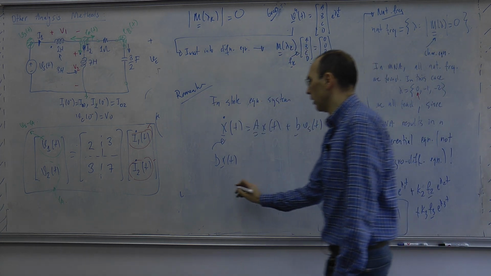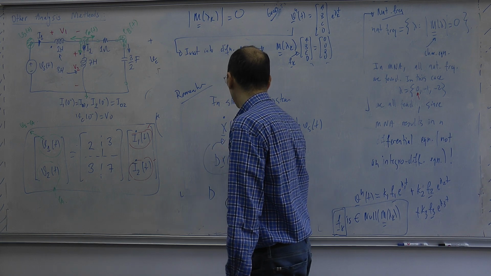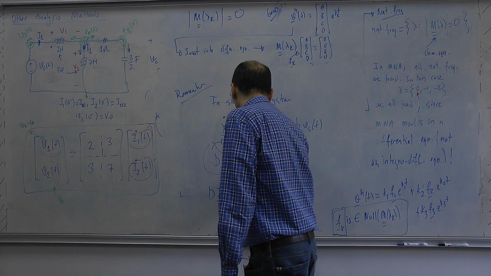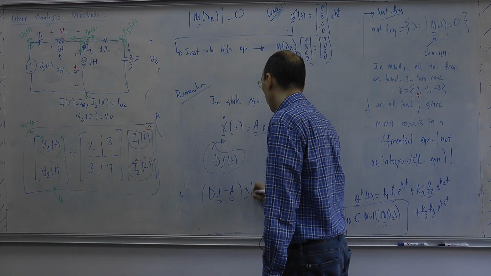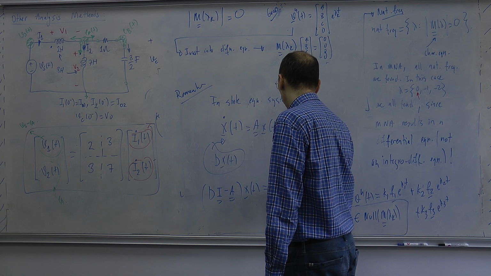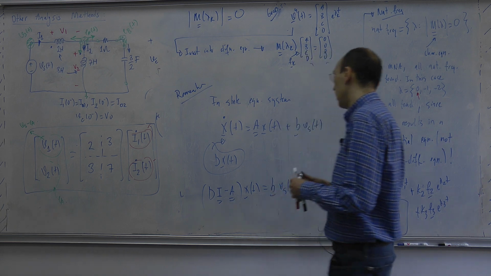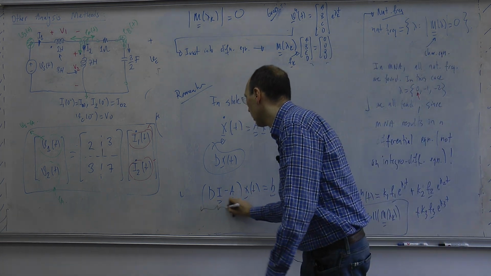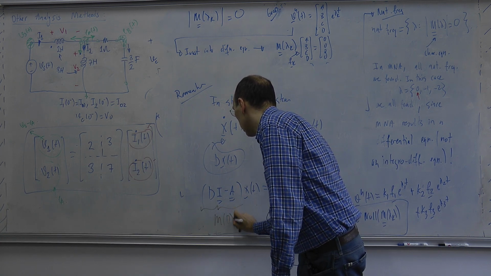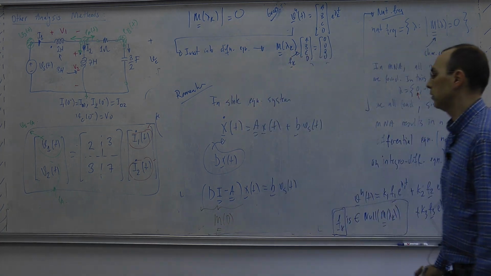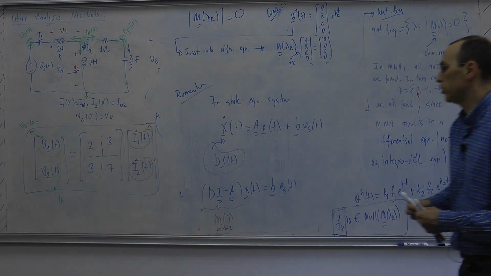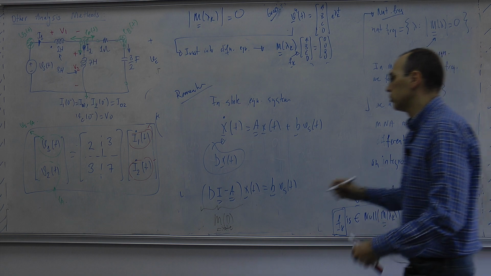Okay, so this becomes this part, D identity minus A, x of t is equal to B times s of t. So the state equation has a very specific M matrix, as you see. Okay, let me call this M of the state equation system.